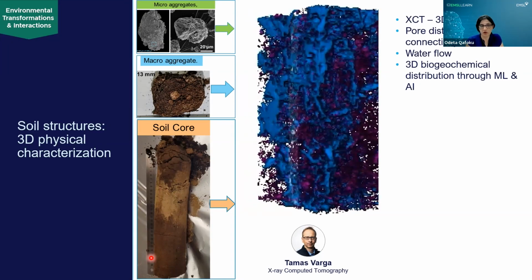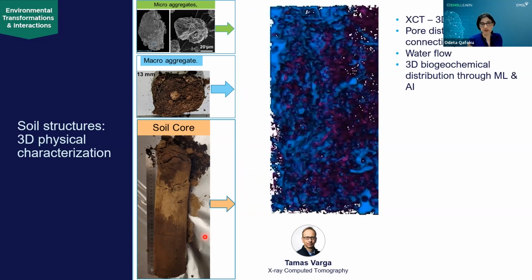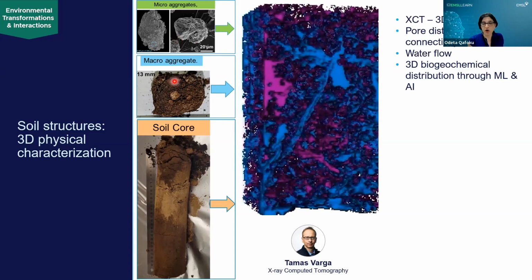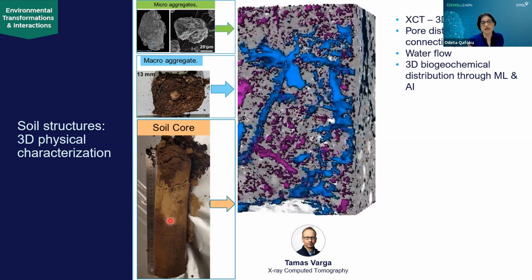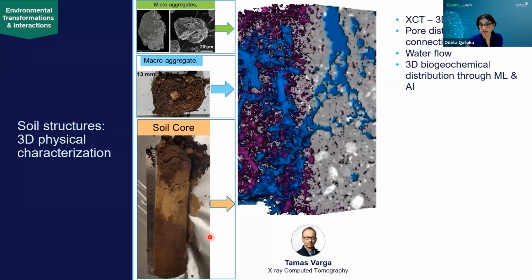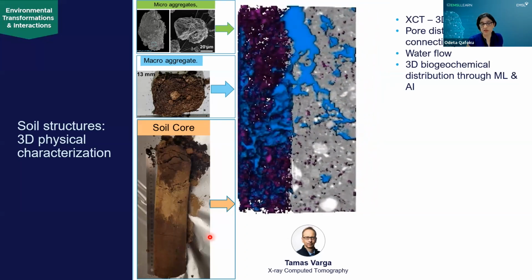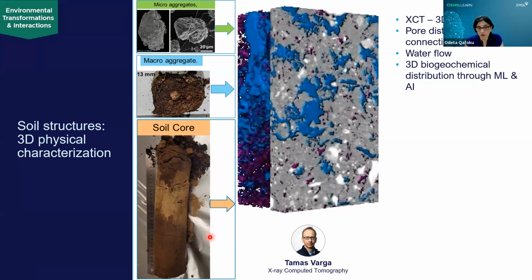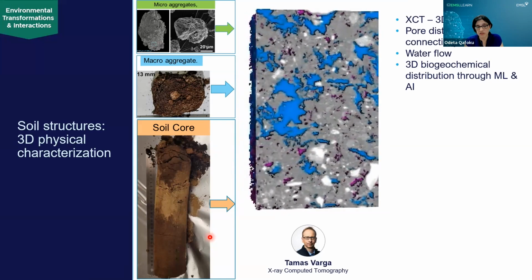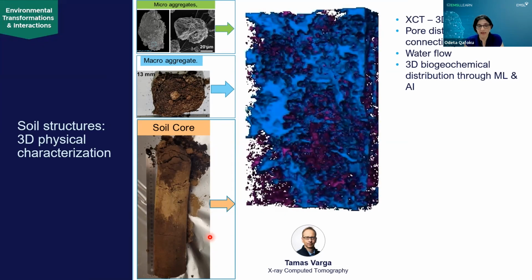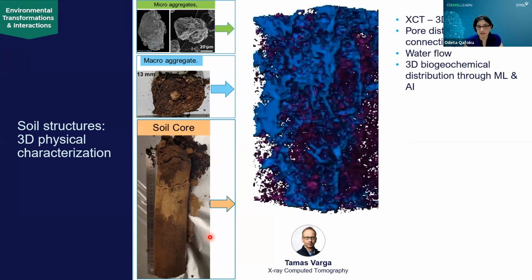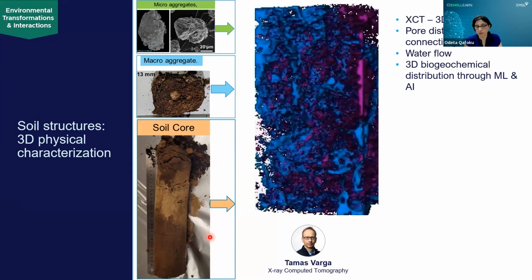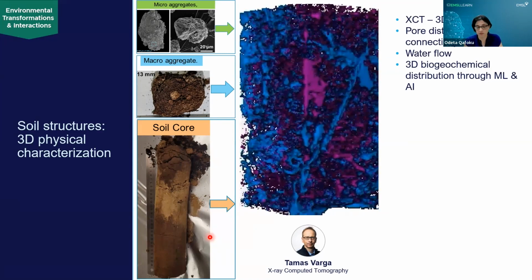And this is a video of an image of a soil structure, and those structures can be microaggregates or larger macroaggregates, or soil cores, and it gives us a good distribution of the pores, whether they are connected, which are shown here in blue, or whether they are not connected, which is shown in purple. And the way these pores are distributed within a soil column or soil structure is important, again, for plant growth and for nutrient movement.